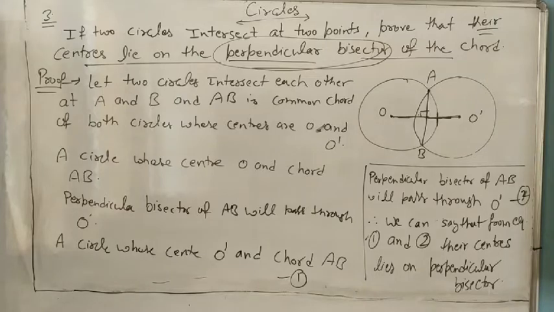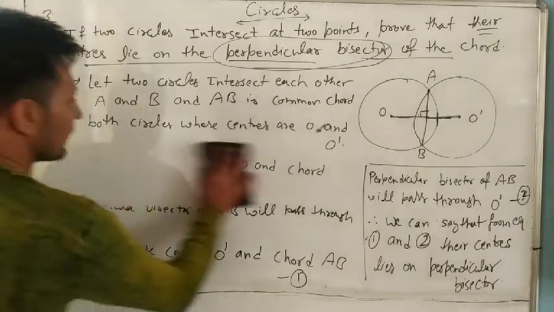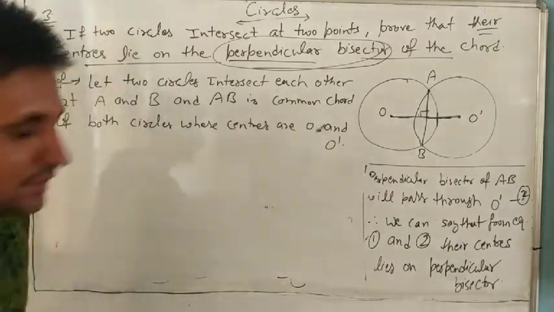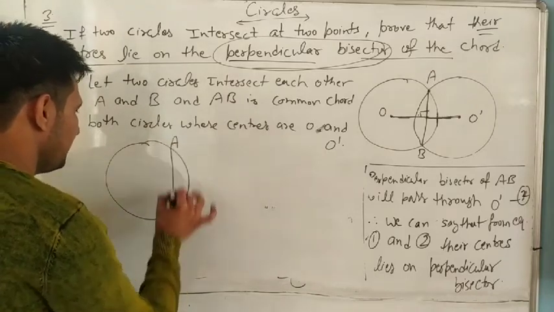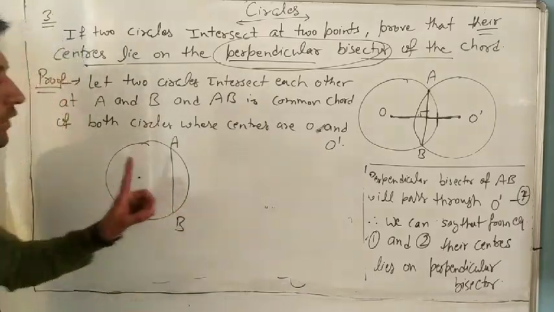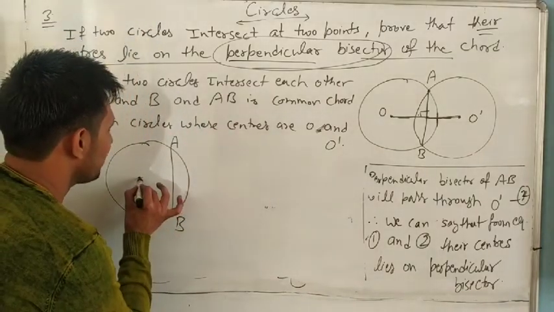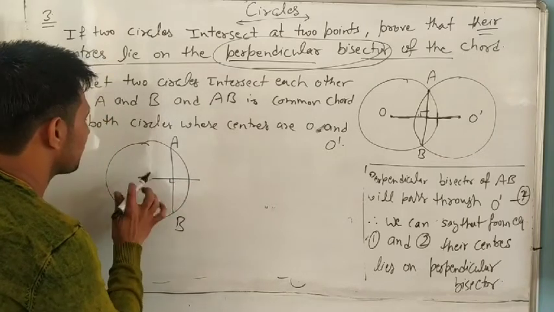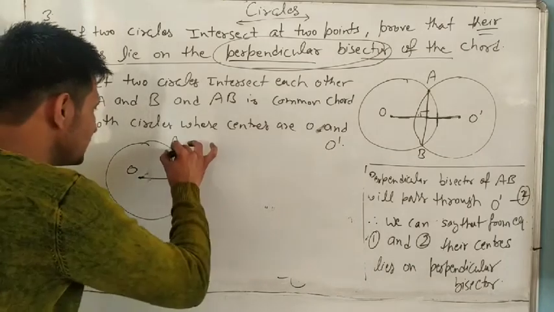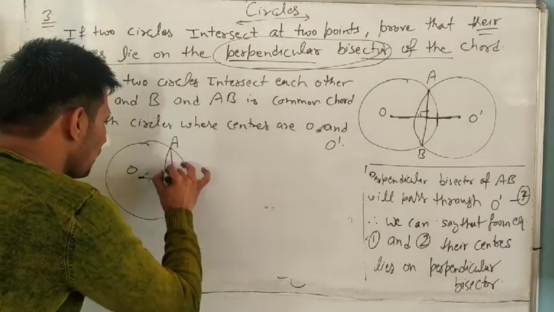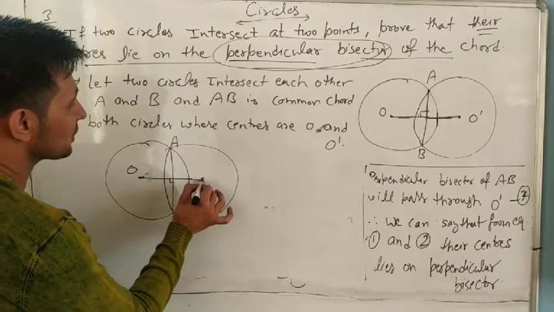It is very simple. If one circle is given with chord AB, and we take its perpendicular bisector, it always passes through the center, so it passes through O. And this is the chord of another circle also, and again the perpendicular bisector passes through O dash.